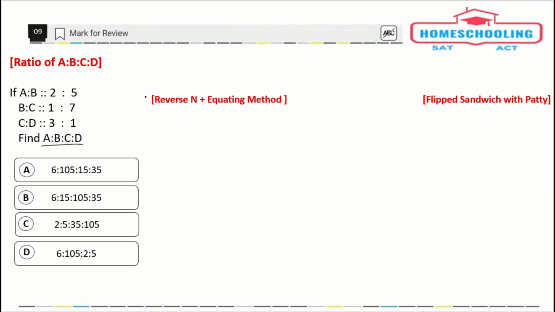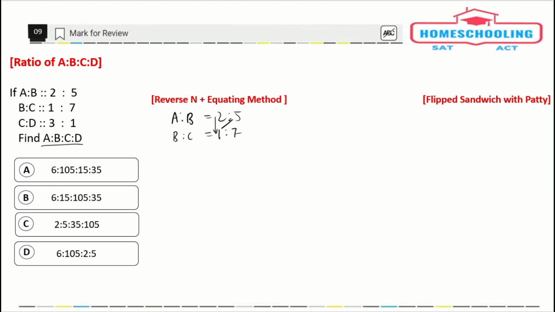So let's take the first method, that is the reverse N method. Let's write A is to B is 2 is to 5, and B is to C is 1 is to 7. As we can see, B is common here, so we can use the reverse N method.